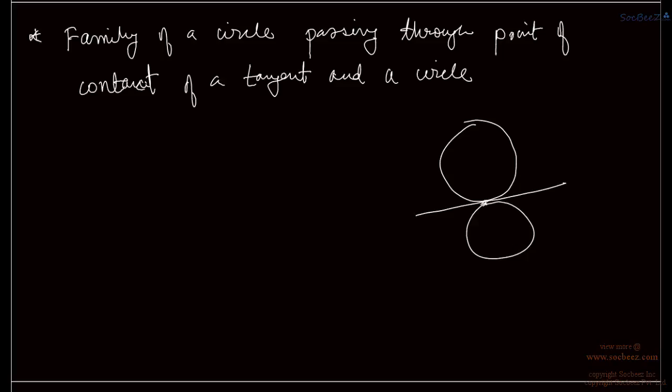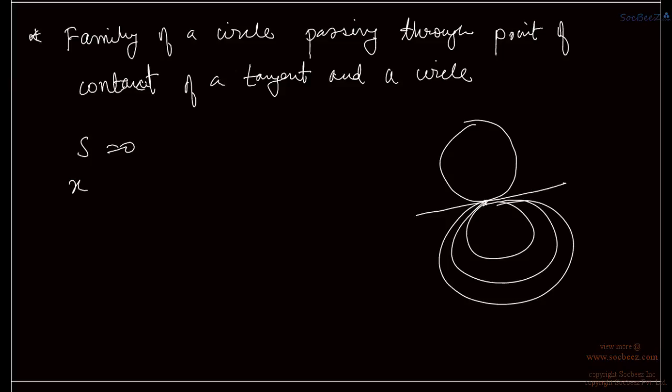Say this is a circle and this is its tangent. So we have this circle, this circle, this circle. So we have a family. These are the family of circles which pass through this point. If we want to write the equation of this family, how can we write it?